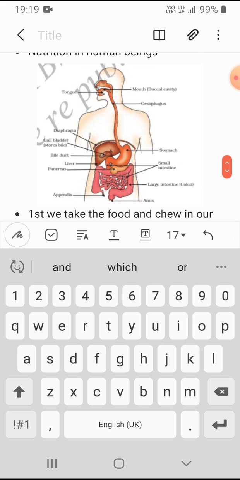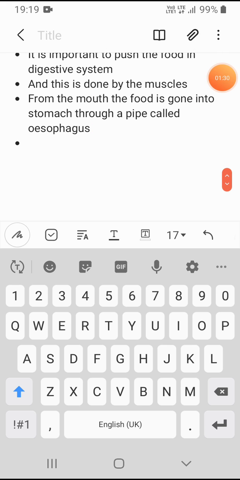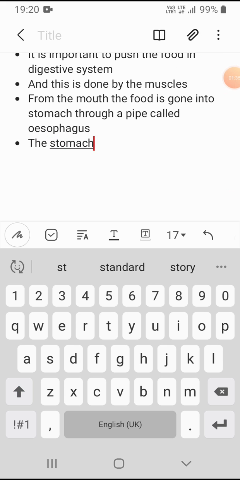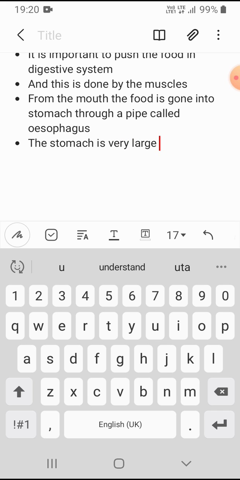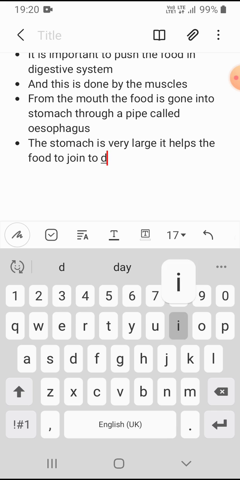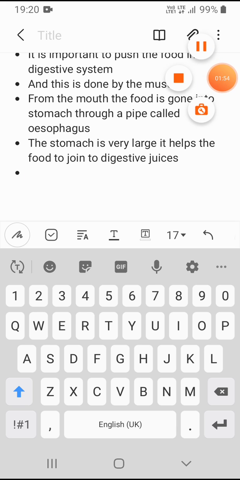See here, the esophagus, you can see from the mouth it helps the food to go till the stomach. The stomach is very large, as you know. It helps the food to join the digestive juices, which helps it to digest easily.